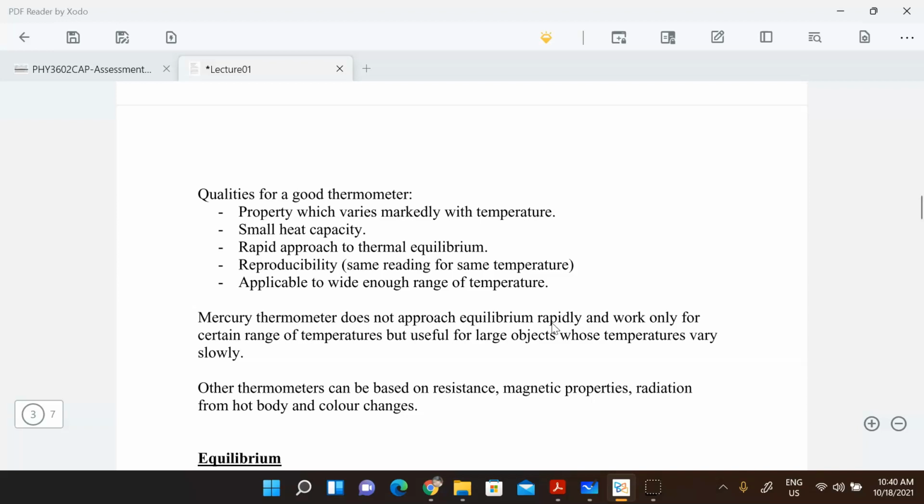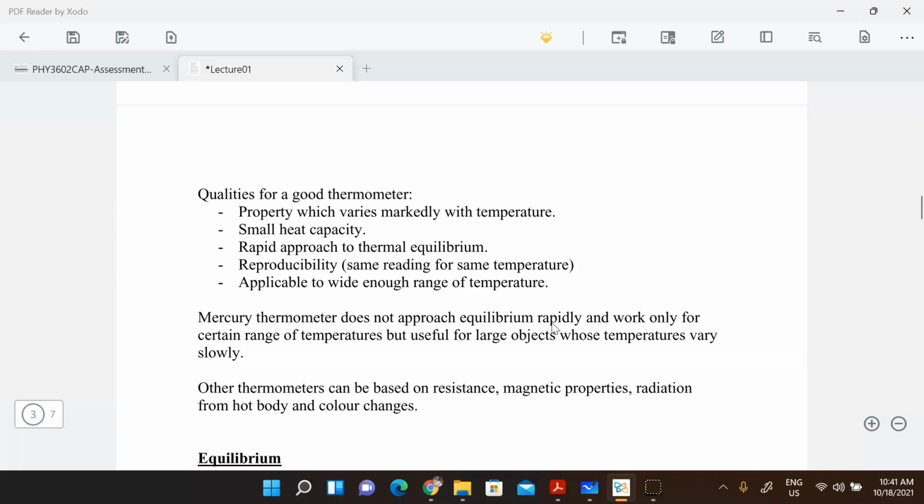So it does not approach equilibrium rapidly, but this works quite well for large objects, because the large object whose temperature the mercury thermometer is trying to measure will not vary that much while it does that. So in other words, the mercury thermometers in those days were already good enough for ordinary things.